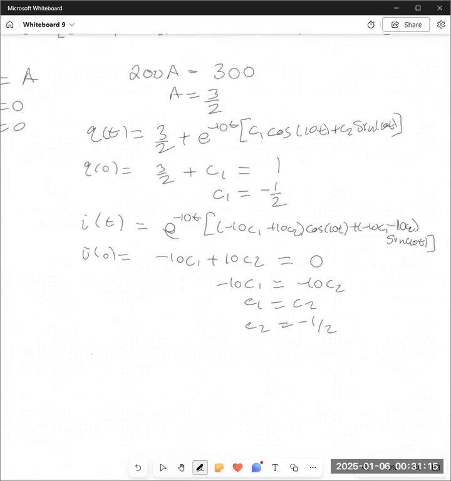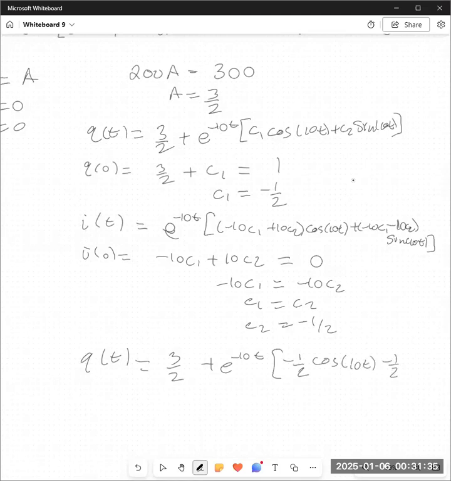That means that my Q of t is going to be equal to 3/2 plus e to the negative 10t times negative 1/2 of cosine of 10t minus 1/2 sine of 10t.